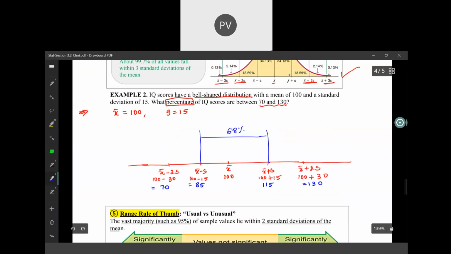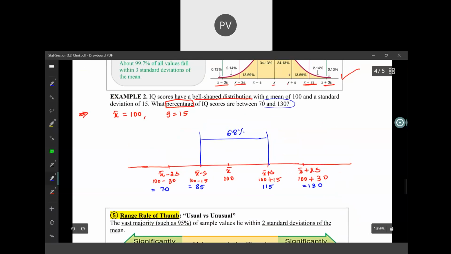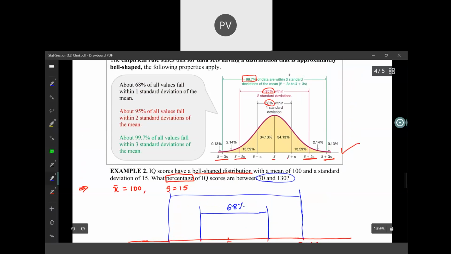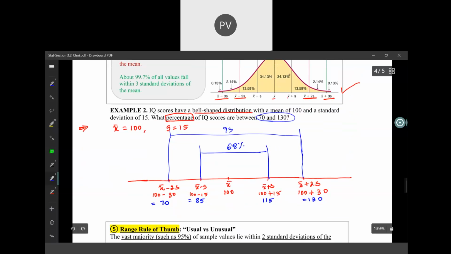Now we are getting the values mentioned in your question. The data values lie within 2 standard deviations, which means what must be the percentage according to the empirical rule? 95%. So the answer here is 95% of data lie between 70 and 130.